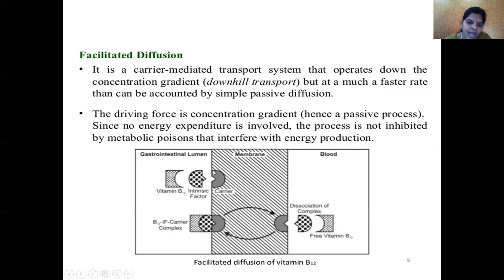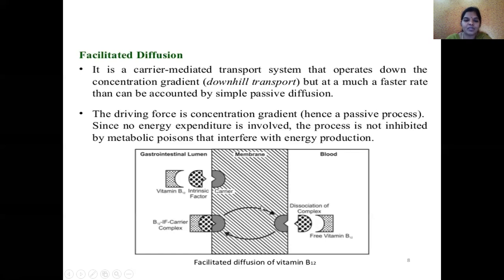This is a carrier. So the B12 intrinsic factor IF carrier complex will be formed here. I will discuss intrinsic factor in the next classes. First, just remember it as intrinsic factor IF. Vitamin B12, intrinsic factor, and the carrier: these three may form a complex here. See, the B12 IF carrier complex.